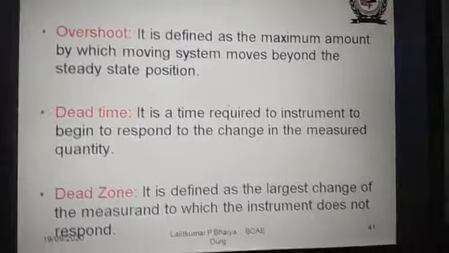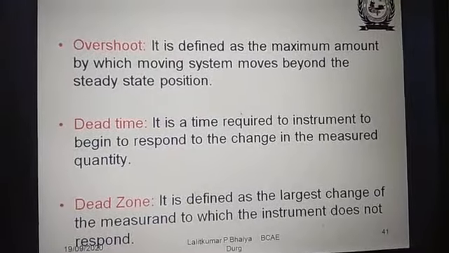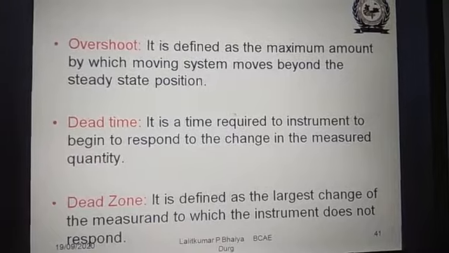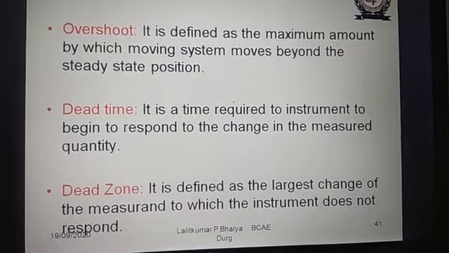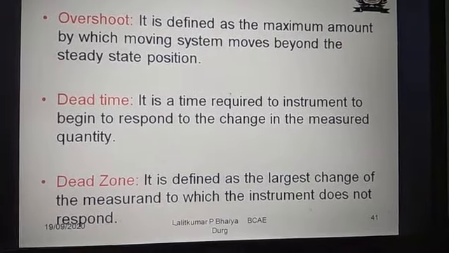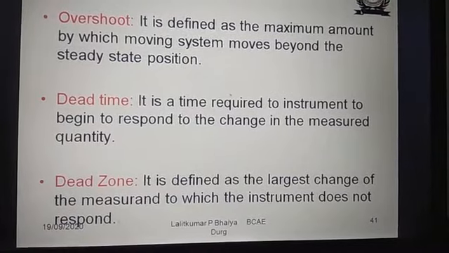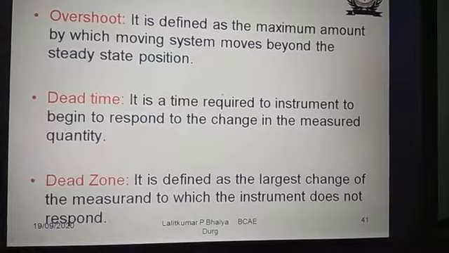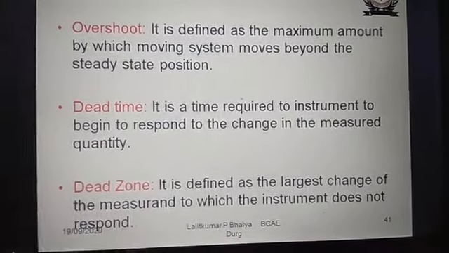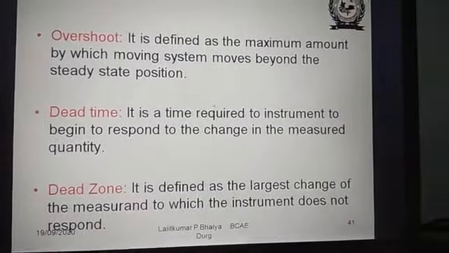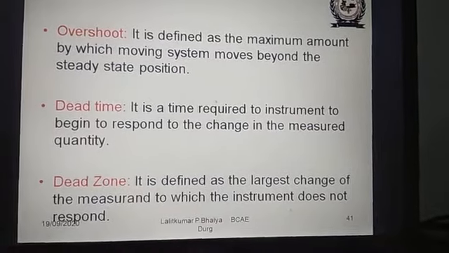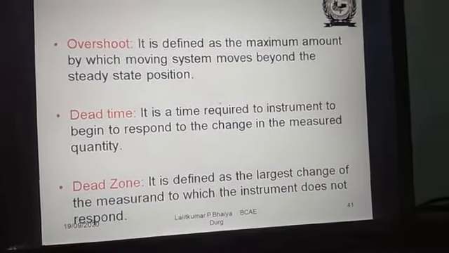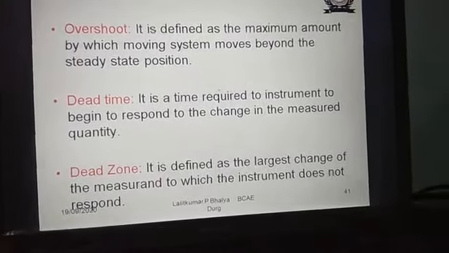Try to understand the definition, read it properly and understand this overshoot and dead time. Dead zone. It is defined as the largest change of the measurand to which the instrument does not respond. Whatever the measurand change is, if the instrument does not respond, the zone is called the dead zone.